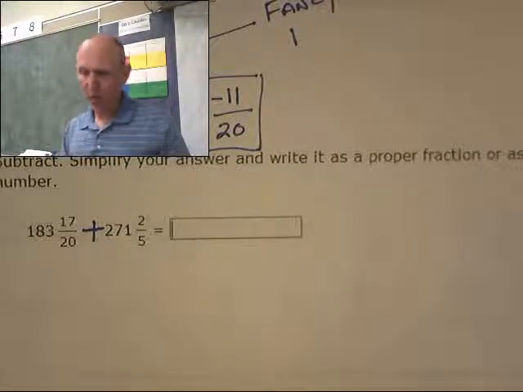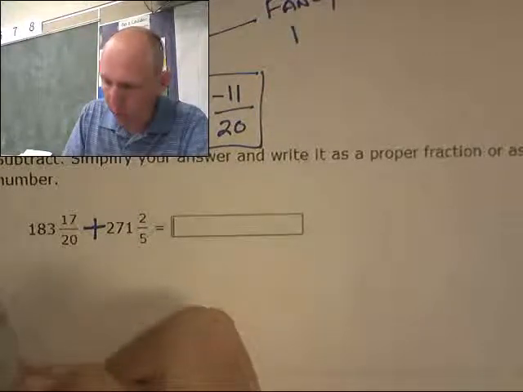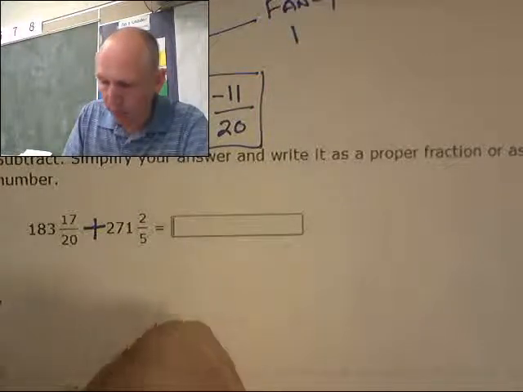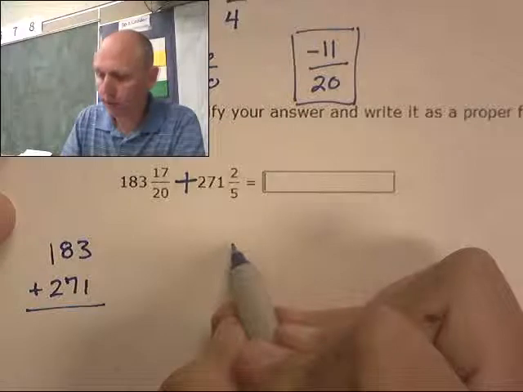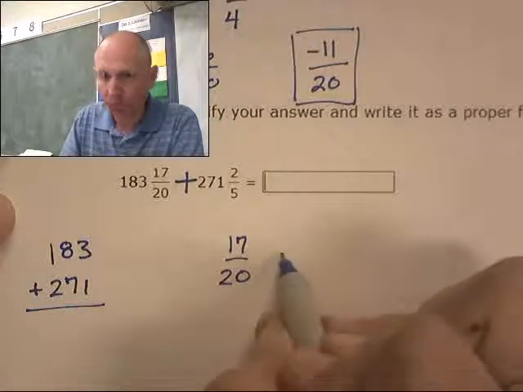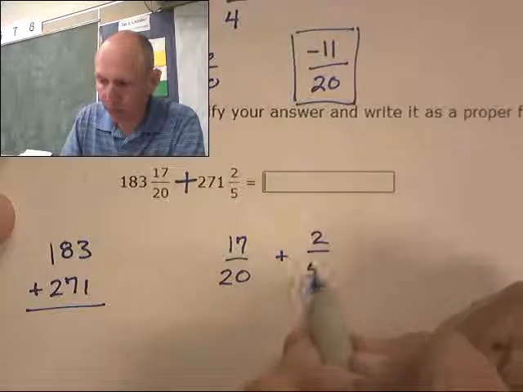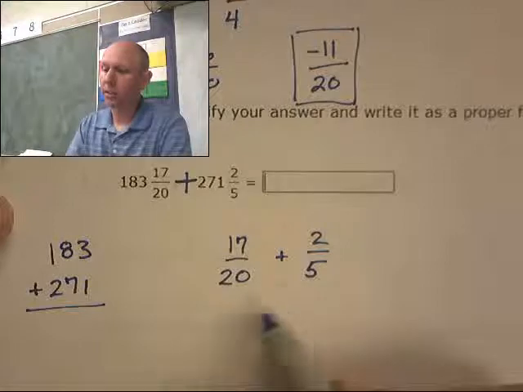So we'll go 183. We're going to break it up into two pieces here. We have a 183 plus a 271. That's going to happen. And then we're going to have a 17/20 plus a 2/5. Let's see what happens here. Let's start with this.